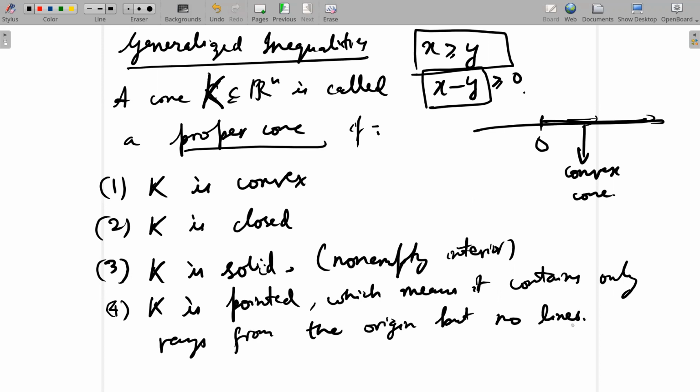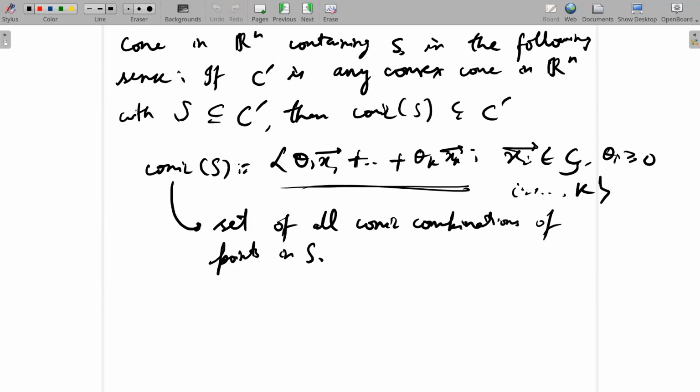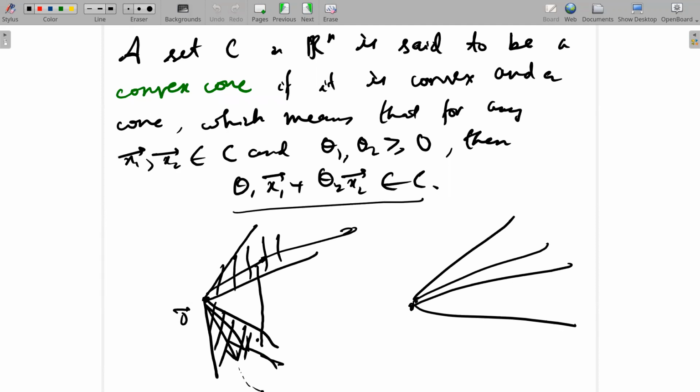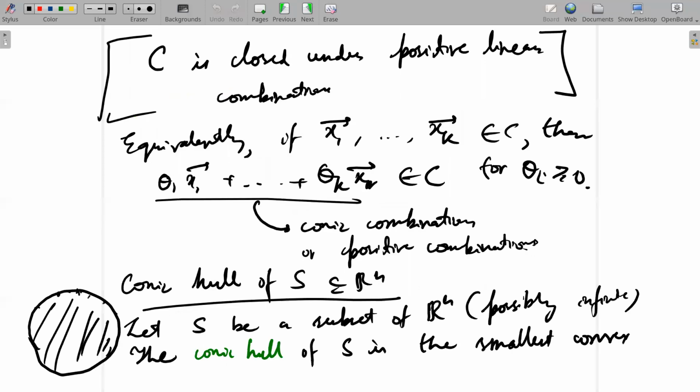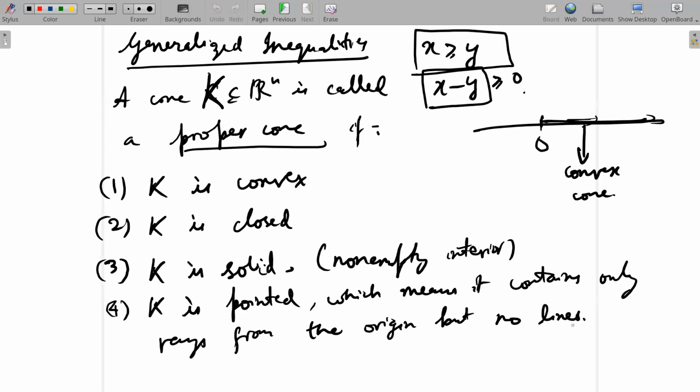By the way, if you recall the definition, even R^n is a cone in this definition that we have, because if you take positive combinations of two vectors in R^n, it will lie in R^n. That's kind of obvious. So we want that not to hold, like K is pointed. Otherwise, everything will be comparable to each other, and you will not get anything interesting out of it.